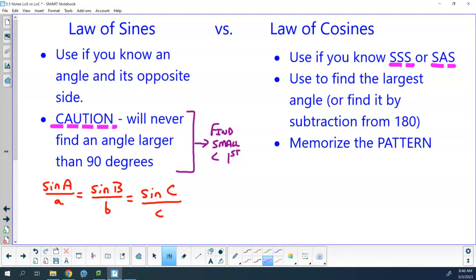Now, cosines will get you obtuse angles. So with cosines, you find the biggest angle first.